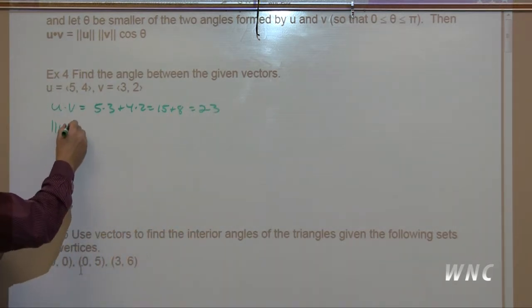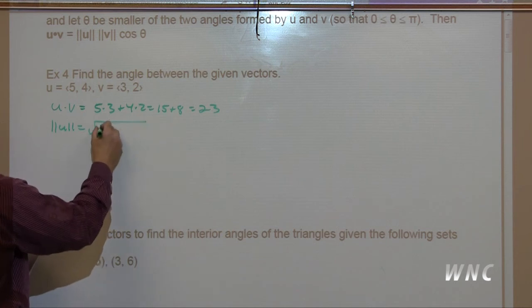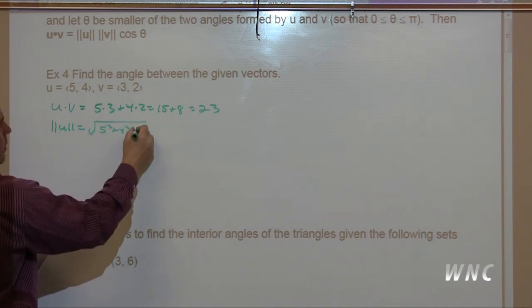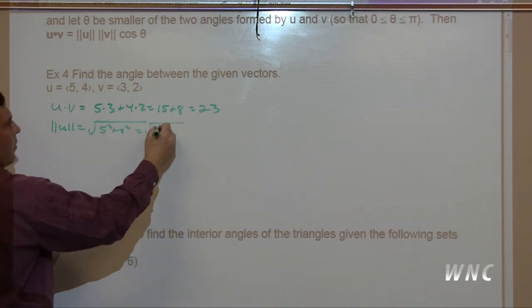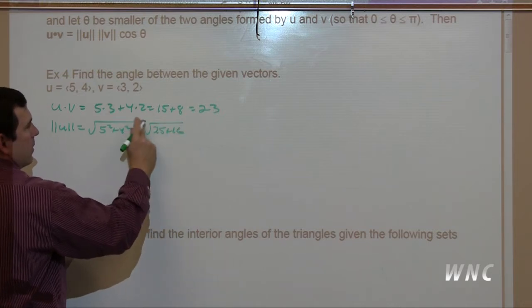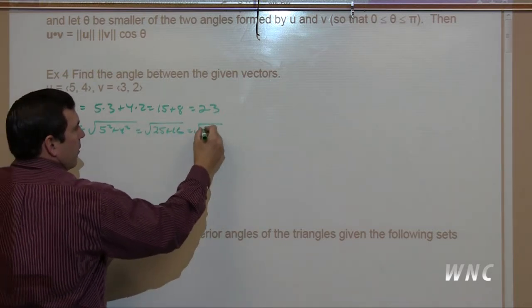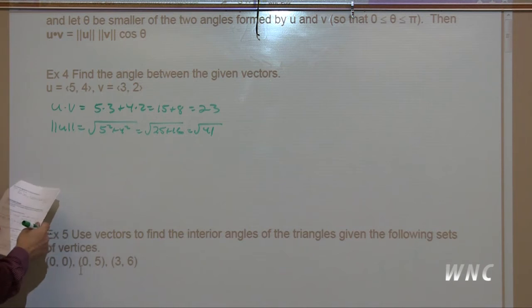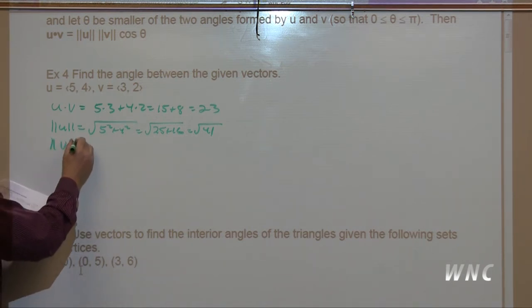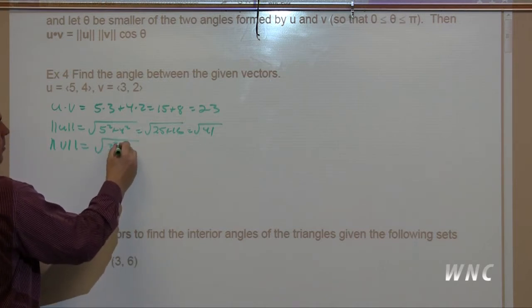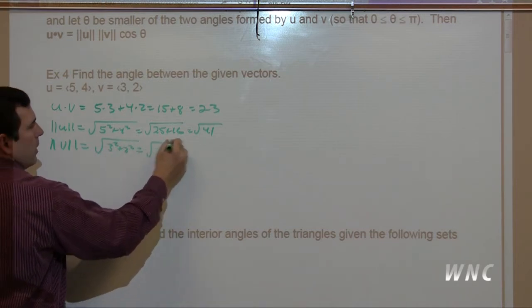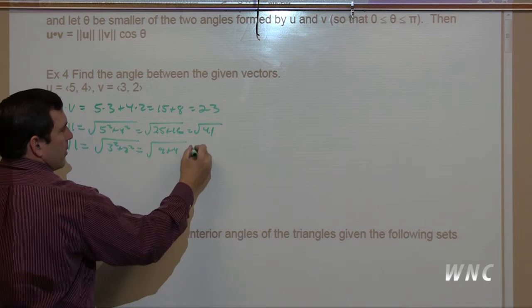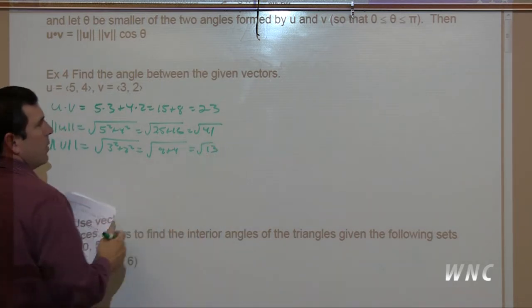The magnitude of u is the square root of 5 squared plus 4 squared, the square root of 25 plus 16, which is the square root of 41. The magnitude of v is the square root of 3 squared plus 2 squared. That's the square root of 9 plus 4, square root of 13.